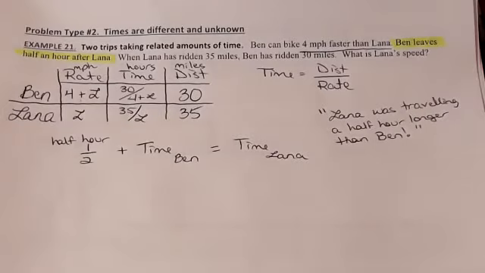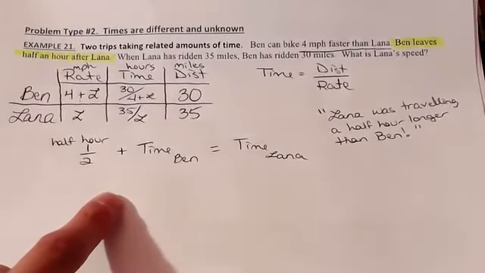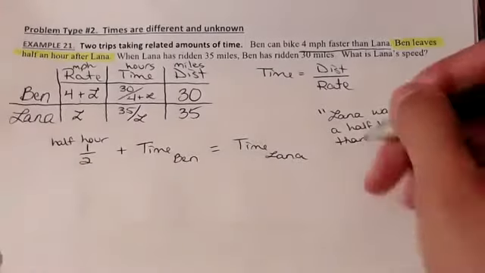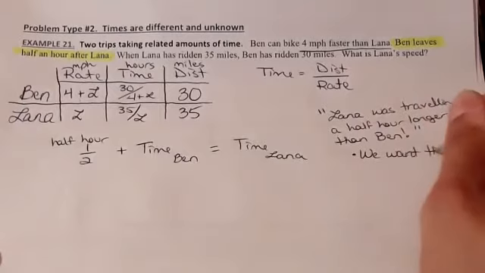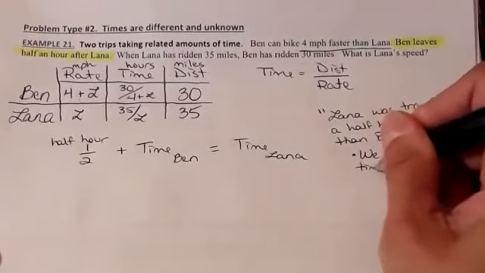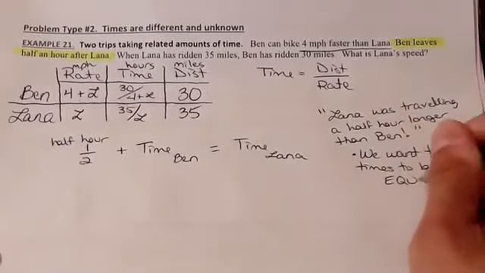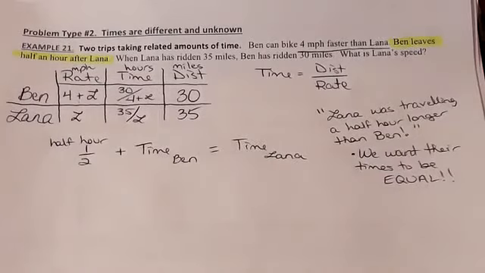So in order to make them equivalent, we want to give half an hour to Ben so that this statement is now true. All right. We want their time to be equal. I'm going to make another note. We want their times to be equal. Okay. And that's why we add a half hour to Ben.